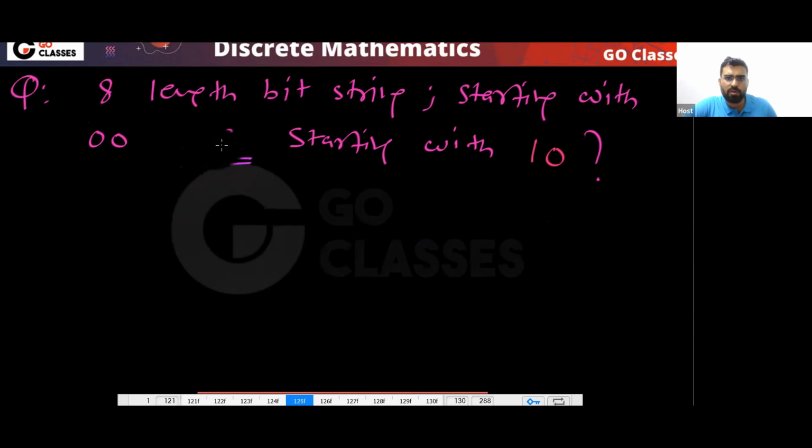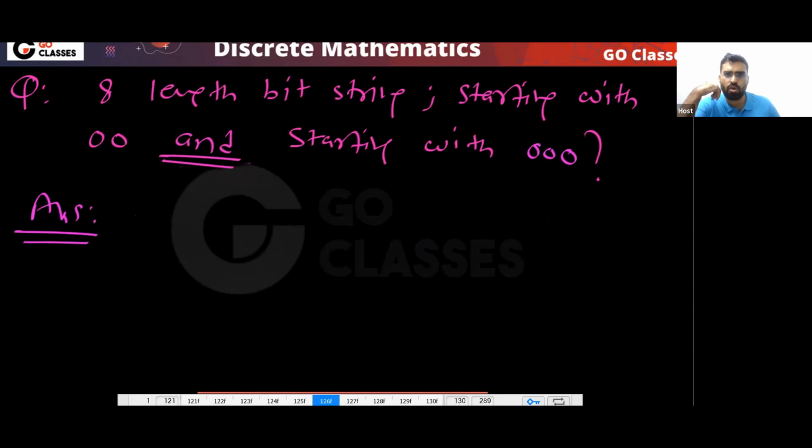Okay. And tell me about this one. The answer is 0, because it is not possible. And tell me the answer here: starting with 00 and starting with 000.